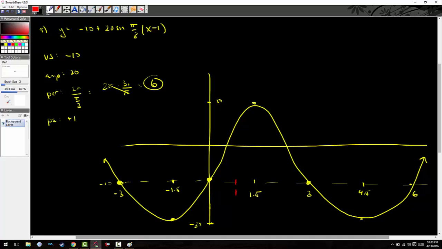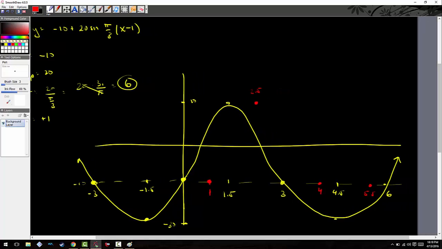My point was originally at this 0, now it's at 1. 1.5 advances 2/3 again to get me to 2.5. 3 gets me to 4. 4.5 gets me to 5.5, and then 6 gets me to 7.